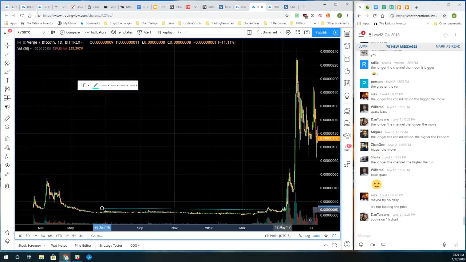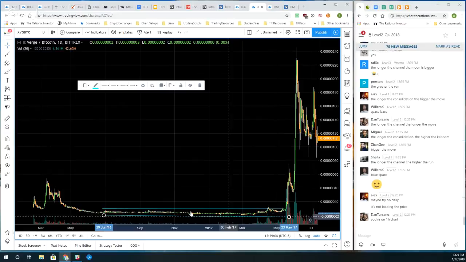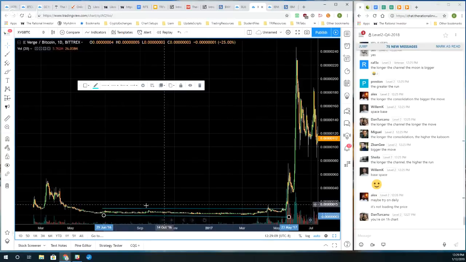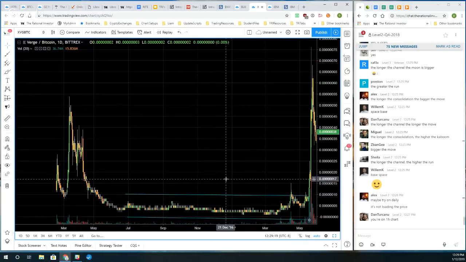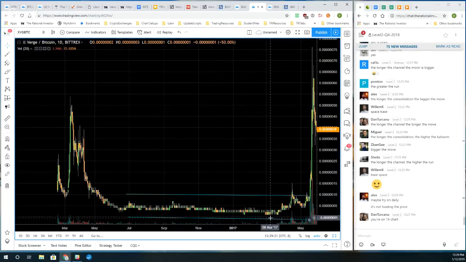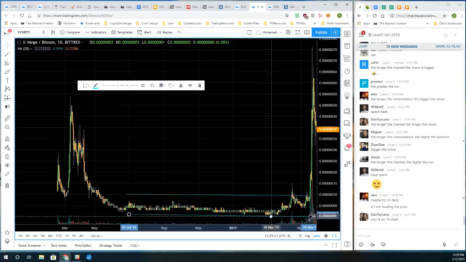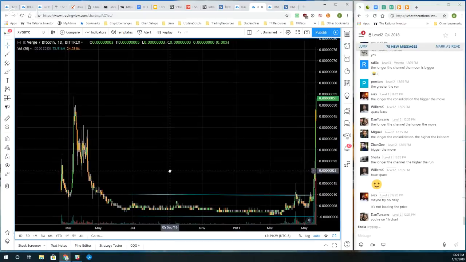The longer the channel, the bigger the run. So big channel. Does it make sense that there was a lot of energy stored up in this asset through this price channel? Super important concept for you to try and grasp. The longer the channel, the bigger the run. And this was a fantastic example.